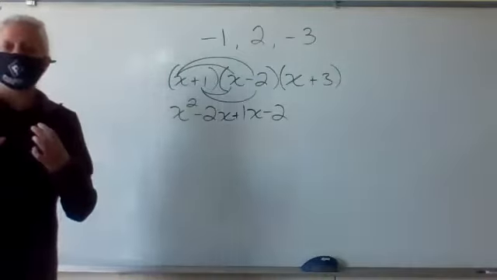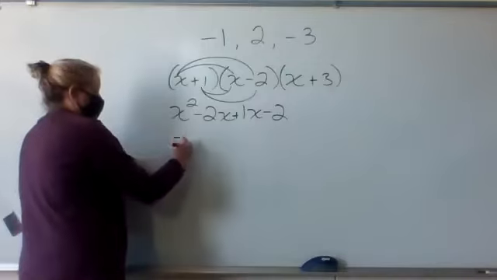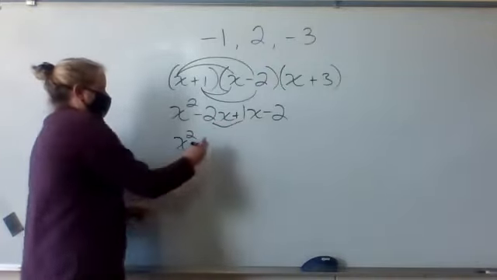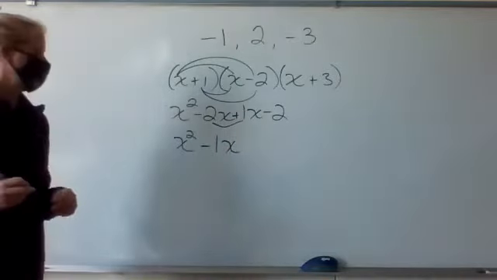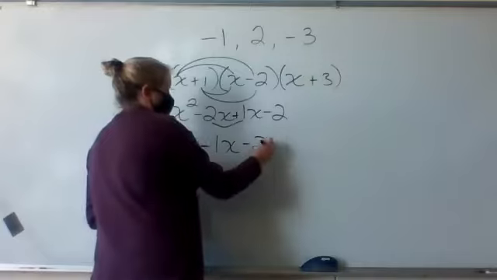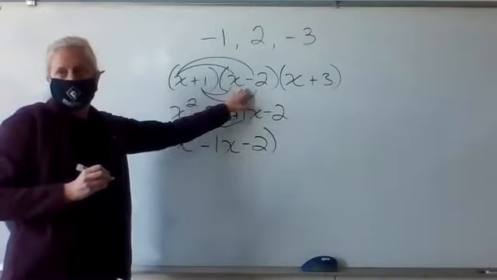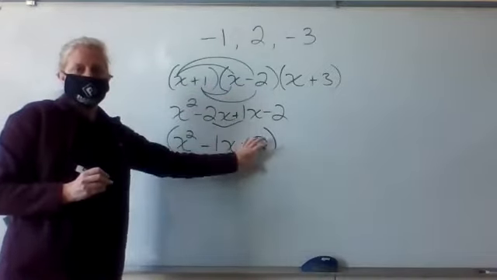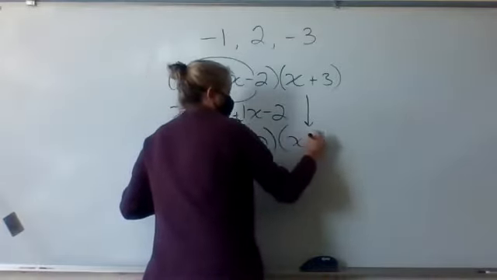Since they're both x's, they're both like terms, which means they can go in the same basket. So now I have x squared, and if I put those together, -2 plus 1 gives me -1x. Bring down the -2. So far all I've done is multiply these 2 factors together. It gave me this. Now I have to multiply. This just drops down.